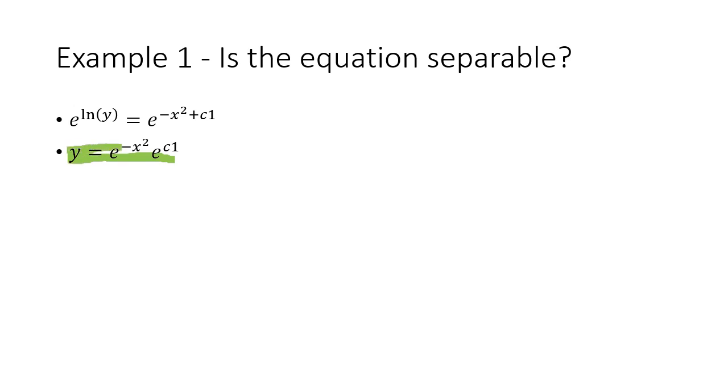This was obtained just by decomposing the expression above into two different expressions by the simple rule of exponents. We did this in order to convert this e to the c1 into a constant. This is possible because e is a constant and c1 is also a constant, and a constant elevated to a constant is equal to another constant.